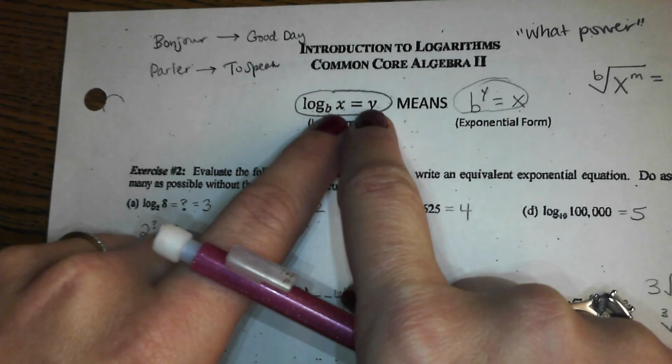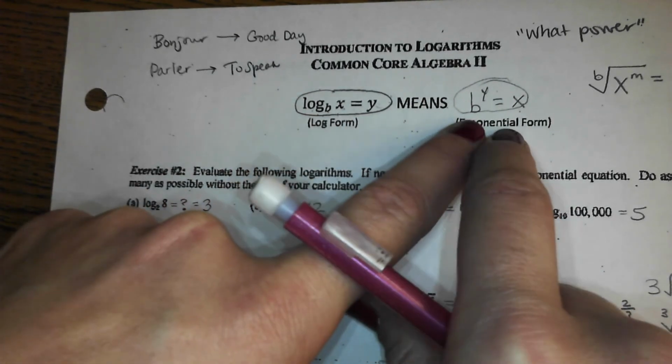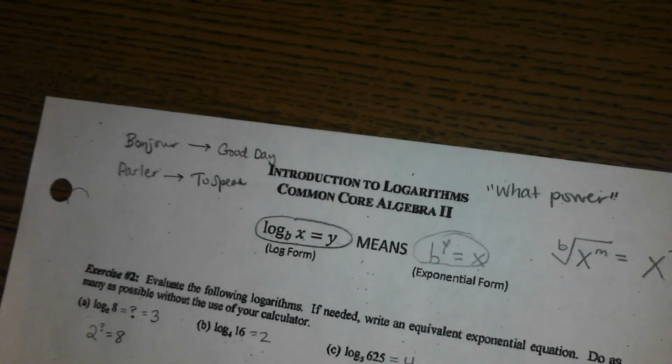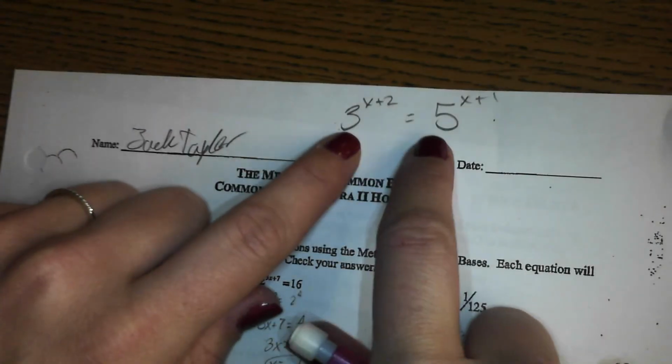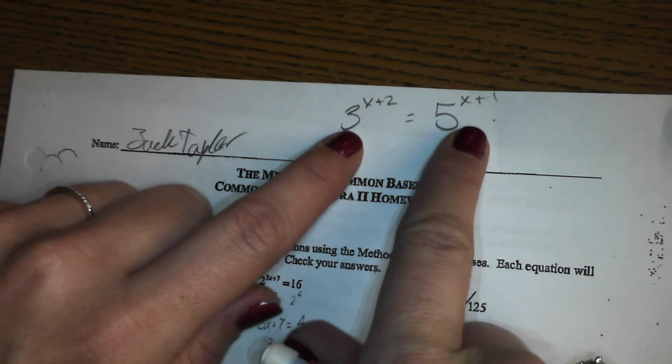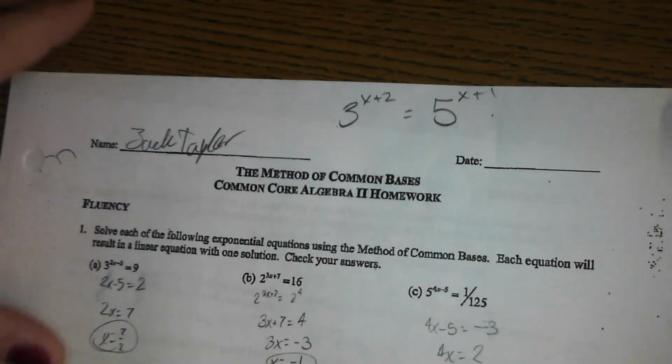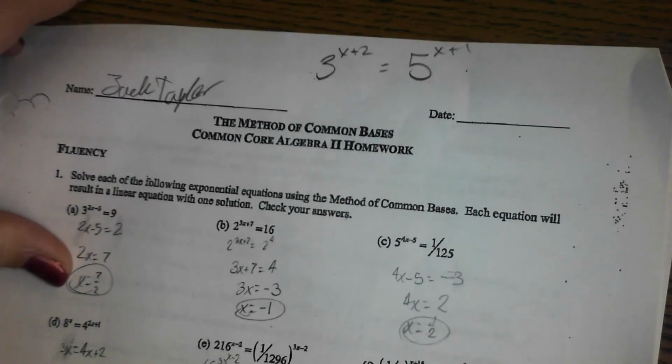To undo the log, we change it to an exponential. Okay? And vice versa, we will have to solve some of those ones that I talked about right before I put your homework away. To undo the different base situation, we will eventually use logs to get those exponents out of there. But that's all to come.